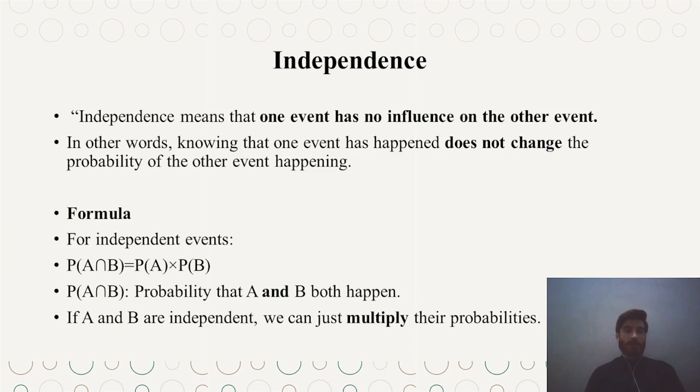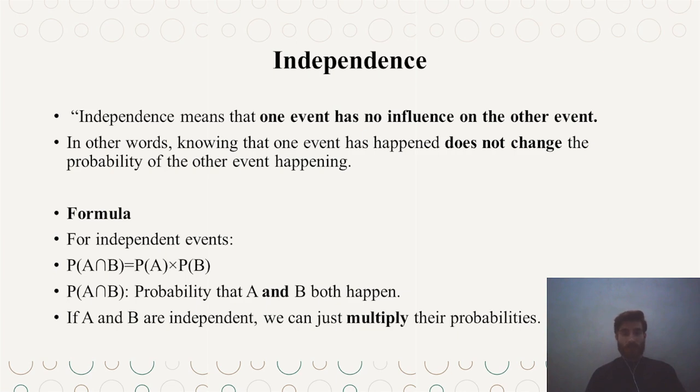Now independence means that one event has no influence on the other event. If one event is happening, the other event has no influence on changing the probability of the first event. In other words, knowing that one event has happened does not change the probability of the other event happening.